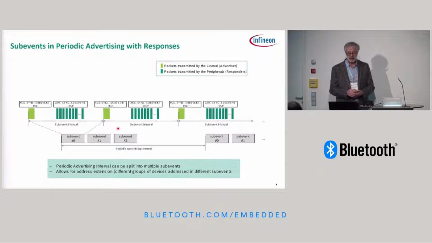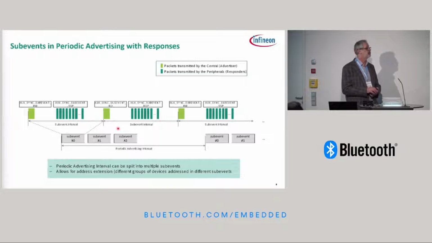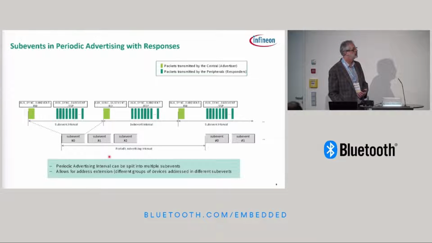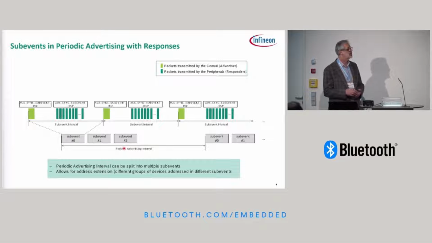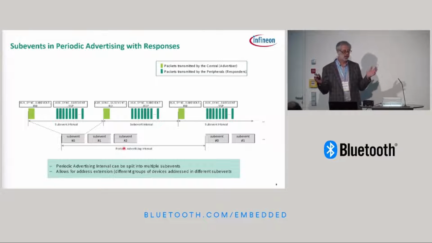In addition, they introduced that you can have multiple subevents within the same periodic advertising interval. For example, this one shows a big interval, and inside of that there are 3 subevents. That can be used to increase the number of devices that it supports.